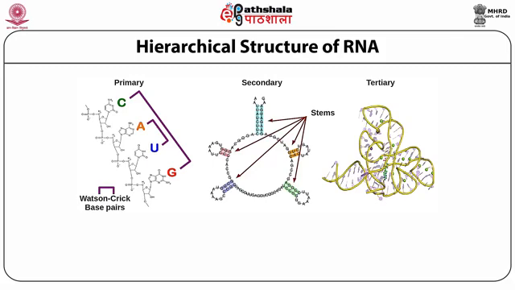But there can be intramolecular, intra-strand Watson-Crick hydrogen bonding, and it can form secondary structures like what you see. It can form stems or loop regions through this intra-strand hydrogen bonding, which can also lead to the tertiary structure of RNA in three dimensions.